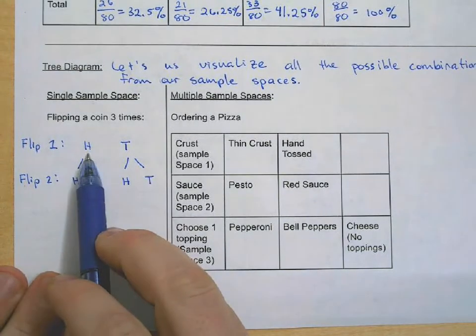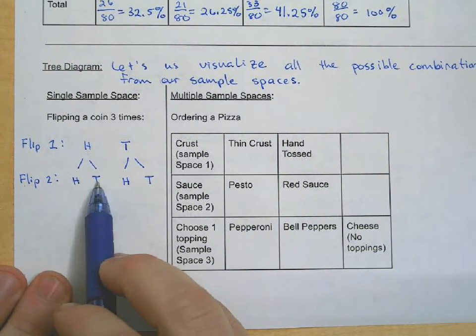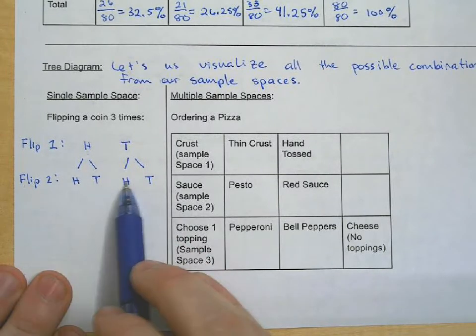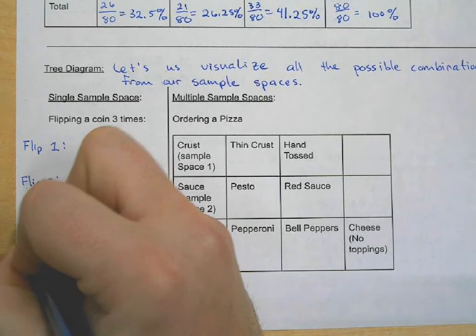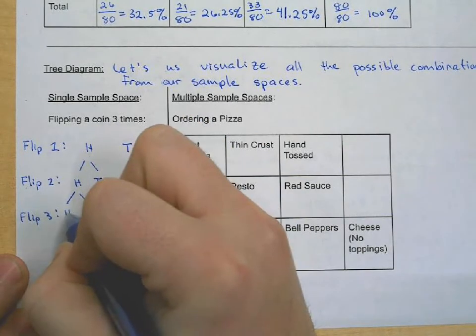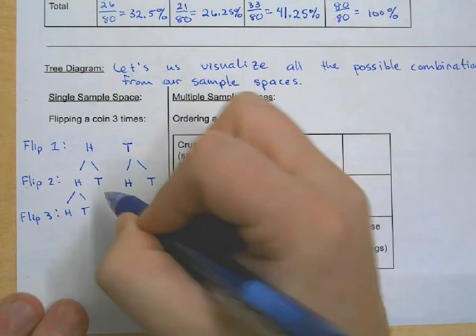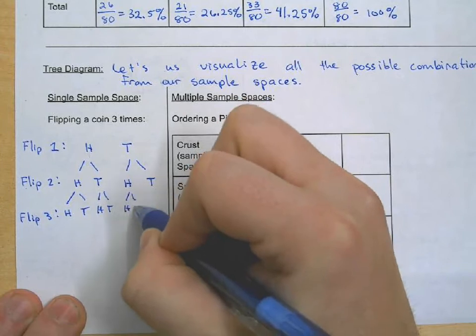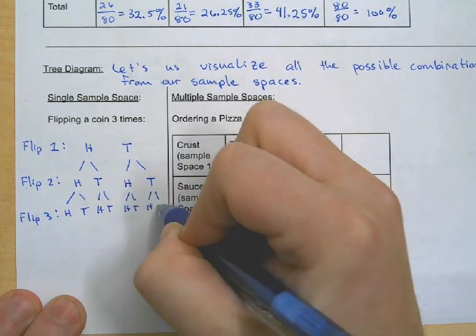Then on our third flip, we can get a heads or a tails, a heads or a tails, a heads or a tails, and a heads or a tails.